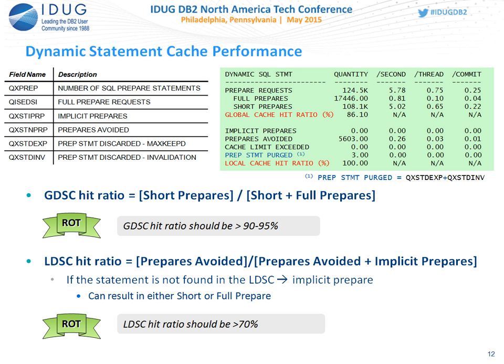So if you see implicit prepares, you may have a global hit, which would be a short prepare, or you may not have it in the global, and you get a full prepare, right? So this implicit can either be really expensive or a little bit expensive. And you'll see that our prepared statement purged is a sum of two values, right? It's either purged because we ran out of space, you hit max keep D, or we did run stats and validated for some other reason that the DBA would be in charge of.